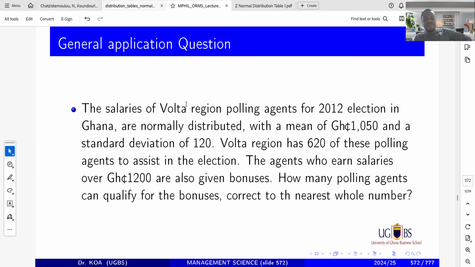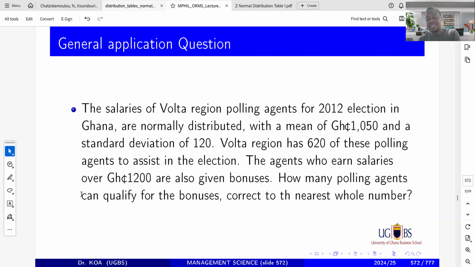The salaries of Volta region polling agents for the 2012 election in Ghana are normally distributed. There's a mean of 1,050 Ghana cedis, and there's a standard deviation of that. Now, Volta region has 620 of these polling agents to help with the election.